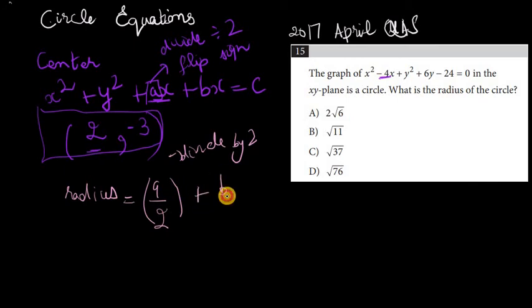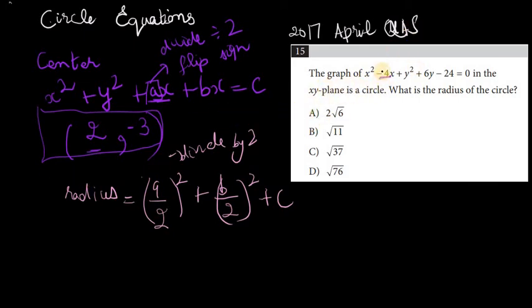Plus b divided by 2. And you have to square both of these numbers. So a divided by 2 squared plus b divided by 2 squared plus the c, whatever the constant term was. And you have to take it to the other side by adding a 24 to both sides in this case. So this may seem a little hard to digest at first, but it's actually just what we did in completing the square.